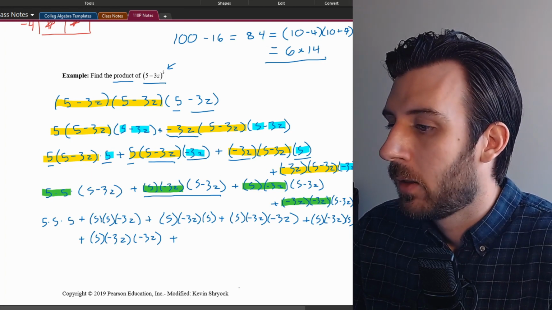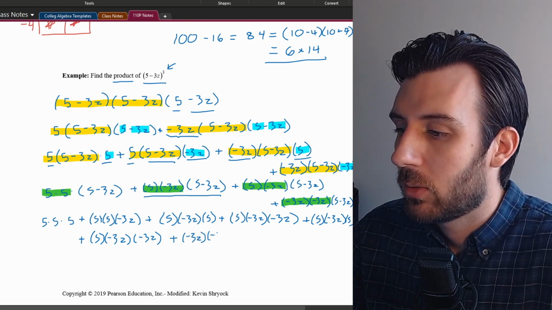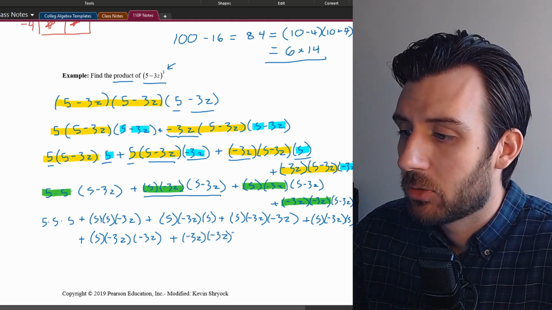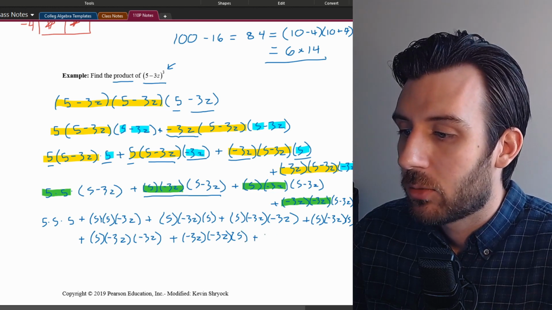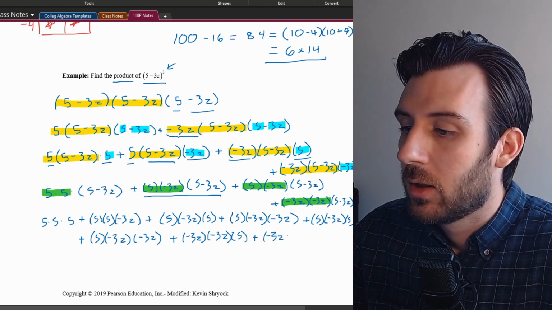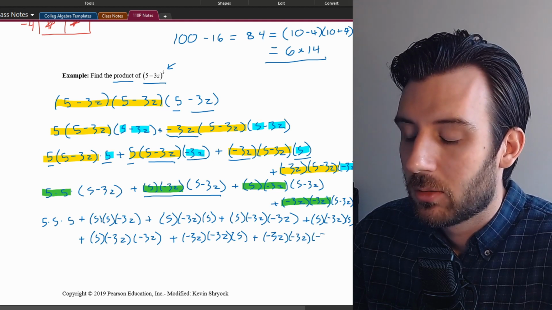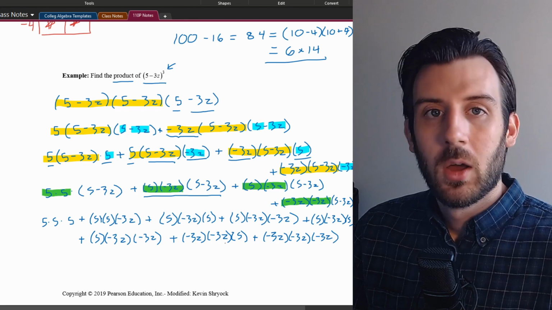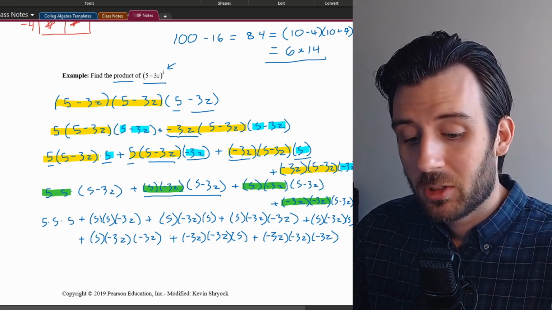Okay, great. Now the very last one is going to be multiplying in this number times addition and subtraction. So that would be negative 3z times negative 3z times 5, and then I have negative 3z times negative 3z times negative 3z. Oh golly, so much to keep track of there. But here's the really interesting thing.